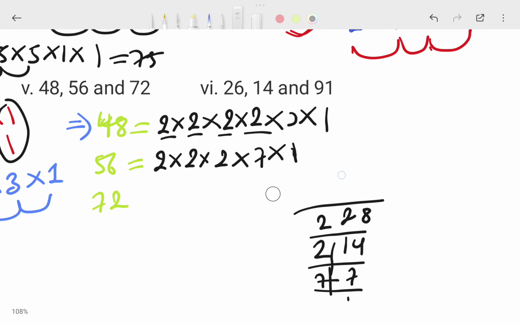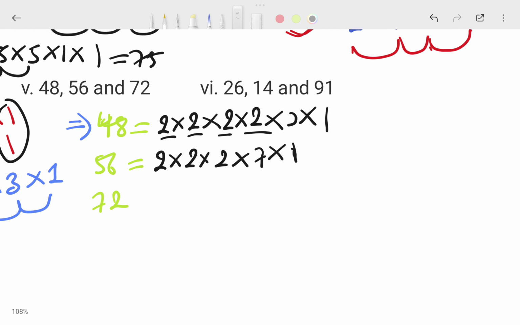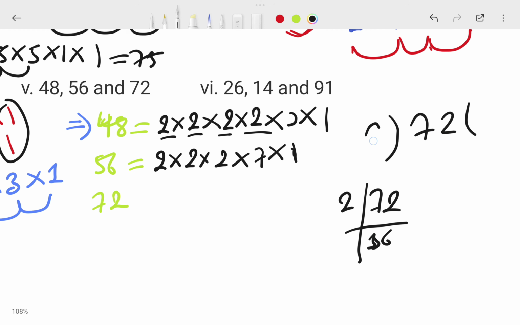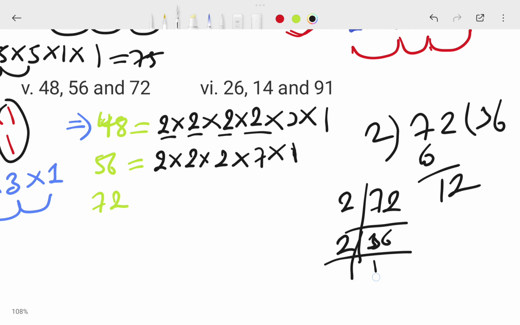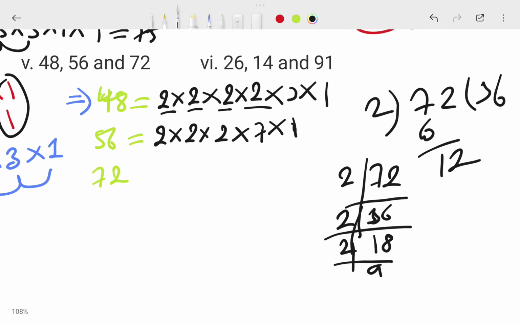Now let's take 72. I teach mathematics very slowly and in a clear way to you. This is going to be 2, 36. How is it going to be 72? Because if you divide by 2, it is going to be 36. Then here it is going to be 18, here it is going to be 9, and then after that 3 3s are 9, and 3 1s are 3.